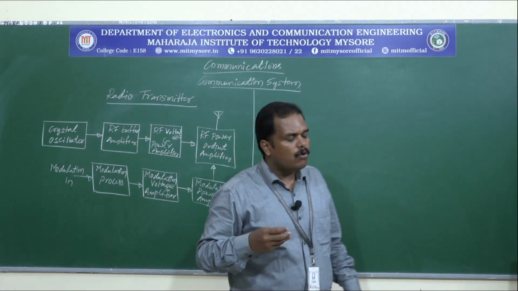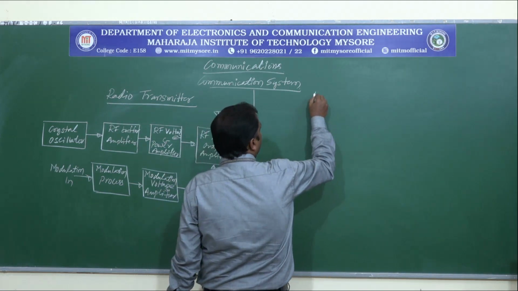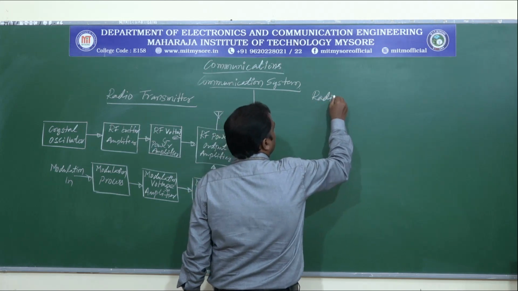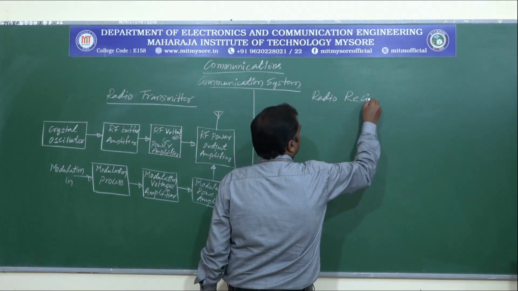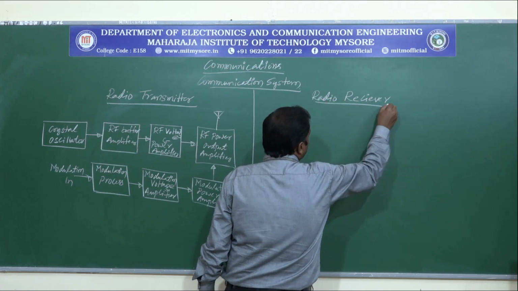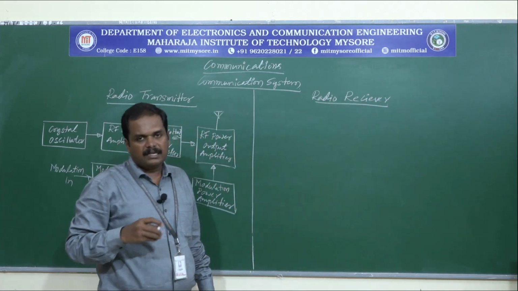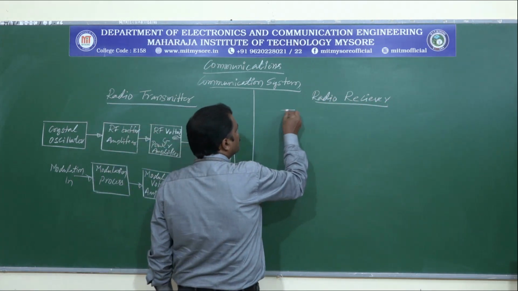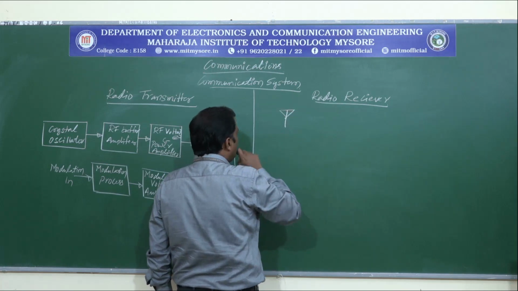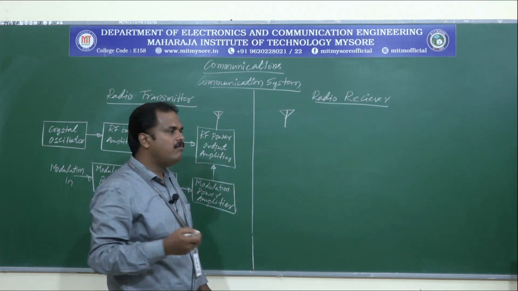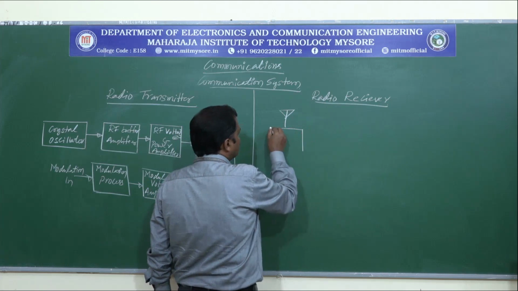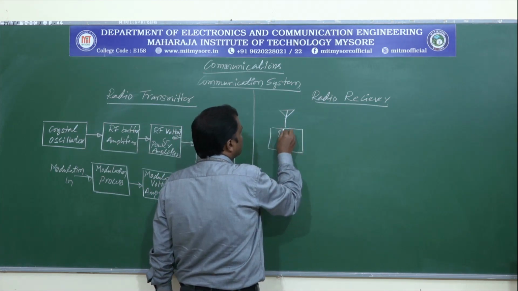Now we'll look into a typical radio receiver. This is also called a superheterodyne receiver. It starts with a receiving antenna, which feeds an RF stage. RF is radio frequency.